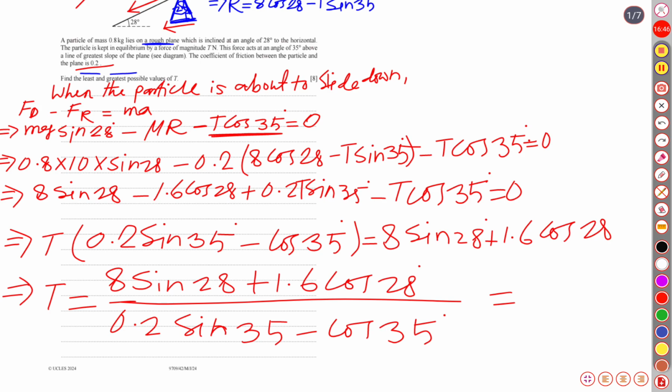It is 1.6 cos 28 plus, yes, we made one more mistake. It is actually from the left side. If we transpose this, it must have a negative symbol. So this is actually negative 8 sine 28. Let me erase this.